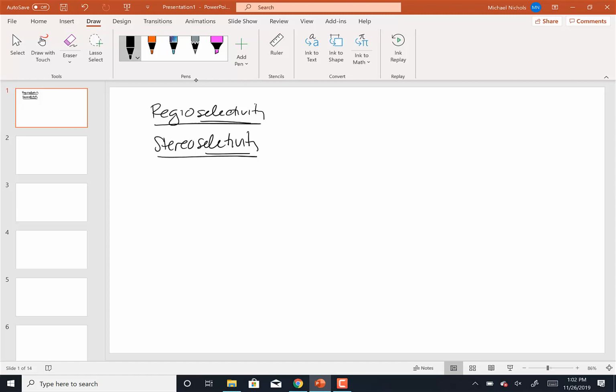What selectivity means is that we're going to have more than one possible product, and the reaction has a major product. And it's not 50-50 in terms of products or equal percentages across the board.